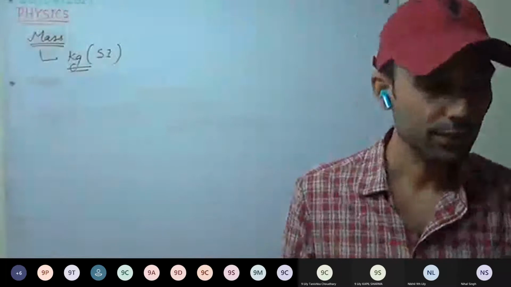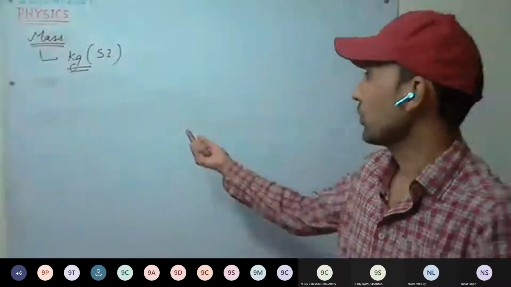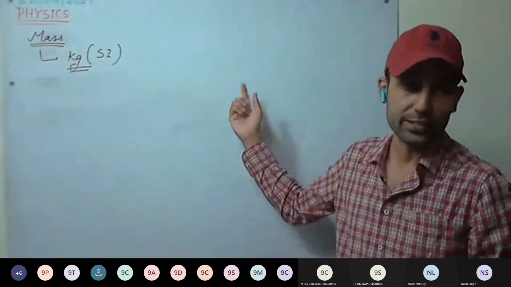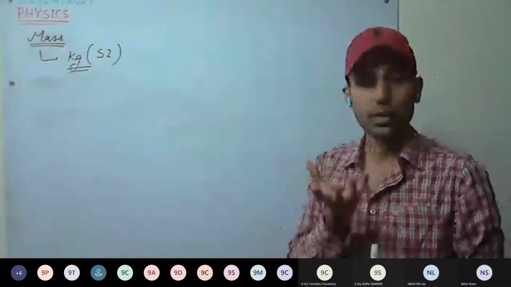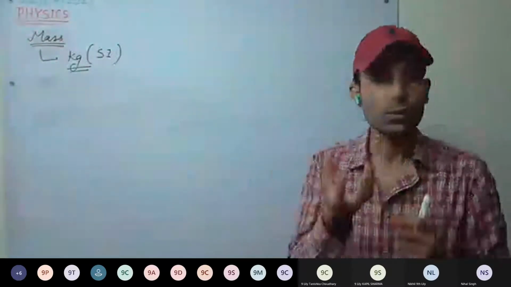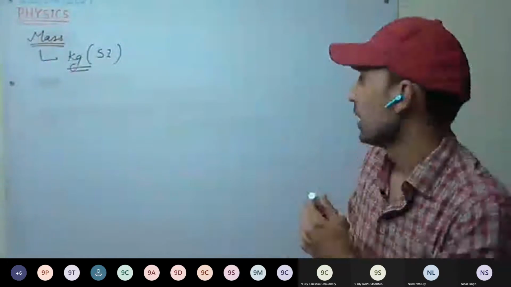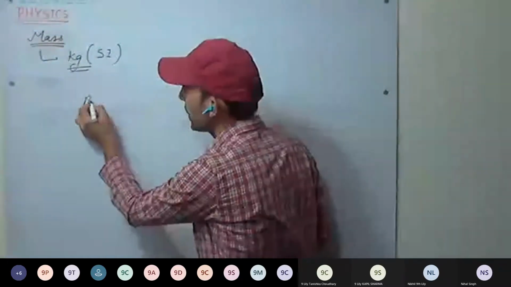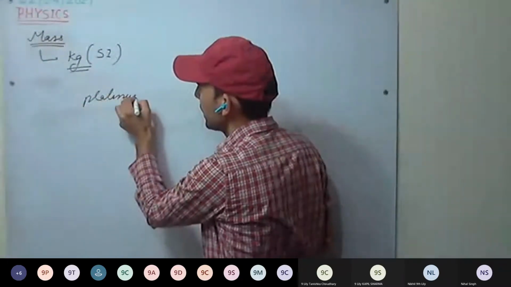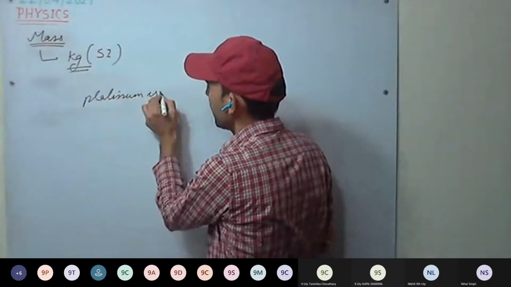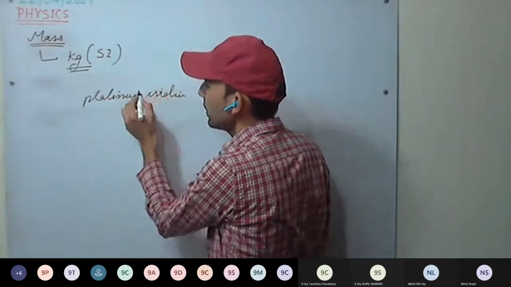Initially, what was done is that the International Bureau of Weights and Measures, near Paris, the scientists there took one cylindrical piece made up of platinum iridium, its alloy.